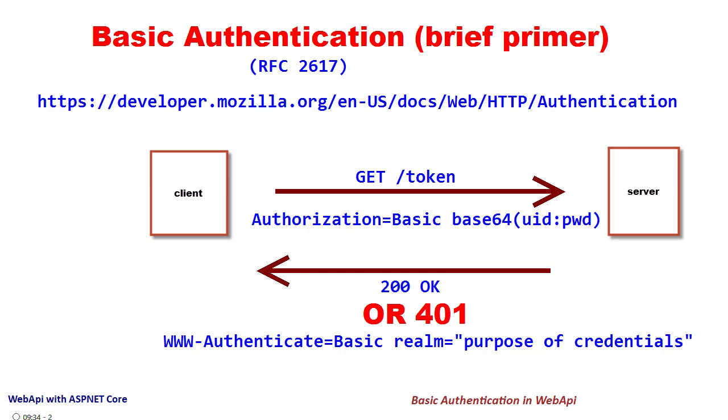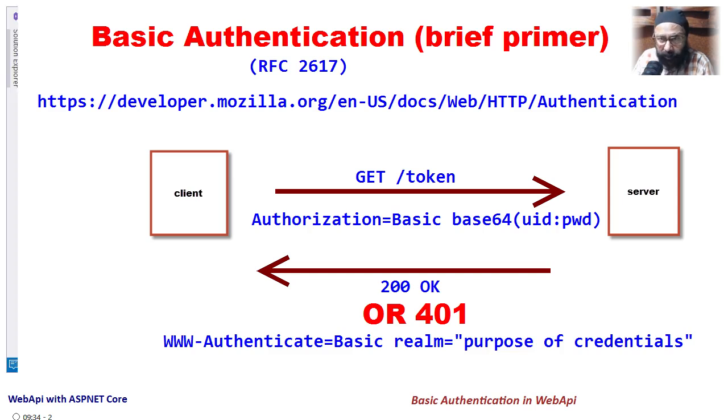The protocol requires that the server should also send a WWW-Authenticate header with the value Basic space realm equals, followed by any purpose for which the credentials are required, which is usually a website domain. So with this simple explanation of the protocol, we have done a very crude implementation of basic authentication in the project attached to this tutorial.